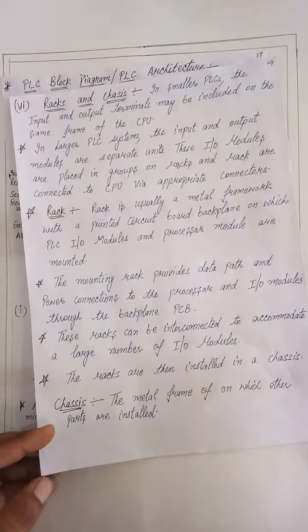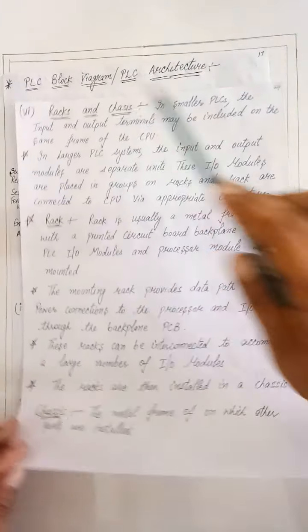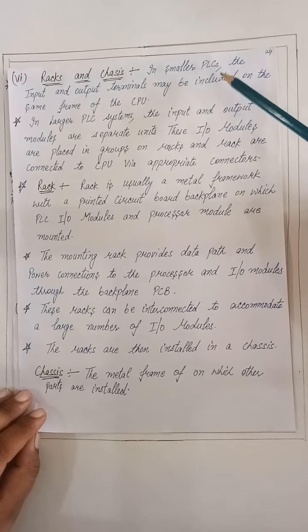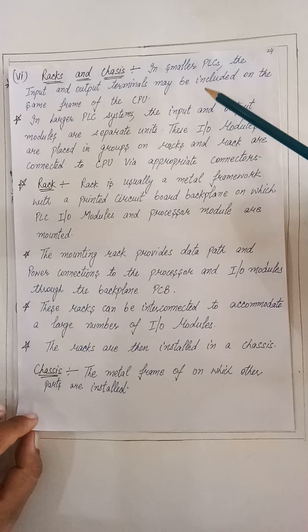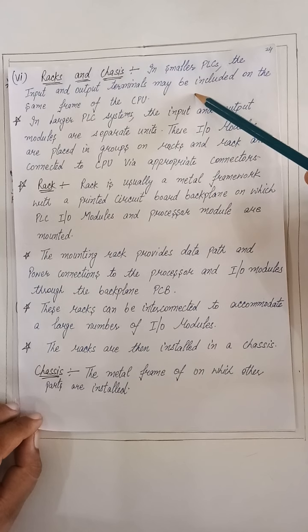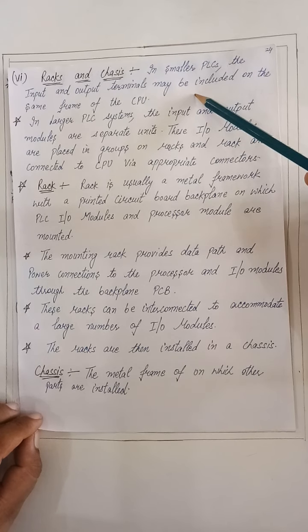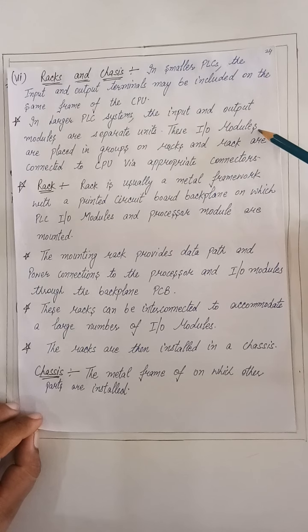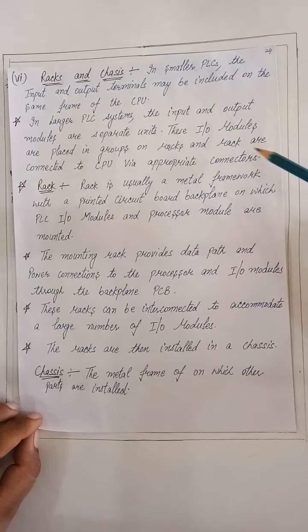Now the last block is racks and chassis. In the smaller PLCs, the input and output terminals may be included on the same frame as the CPU, while in large PLC systems, the input and output modules are separate units. These input-output modules are placed in groups on racks, and racks are connected to the CPU with appropriate connectors.